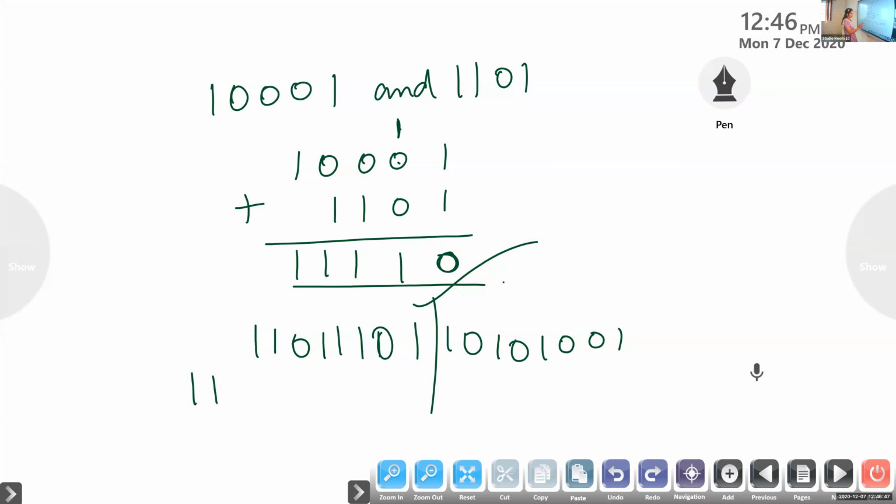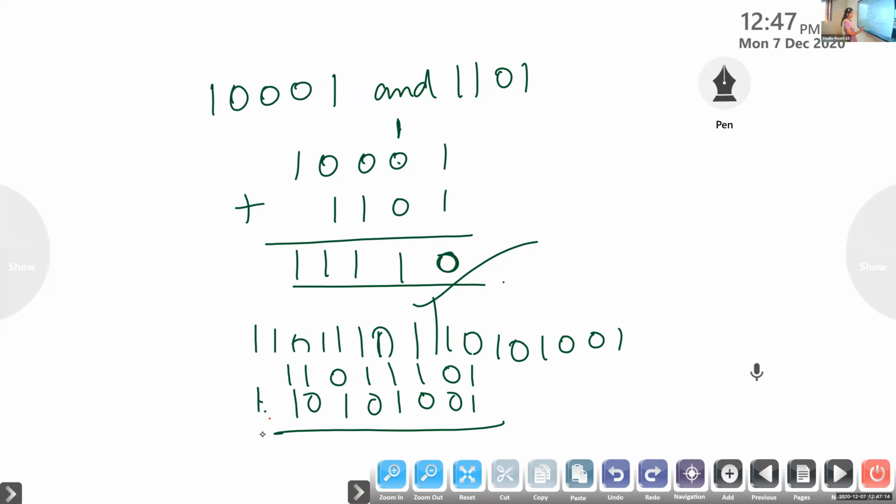You add these. See that place value and all, you should write it correctly. Okay, how many digits? Accordingly, I will write. What is the answer?